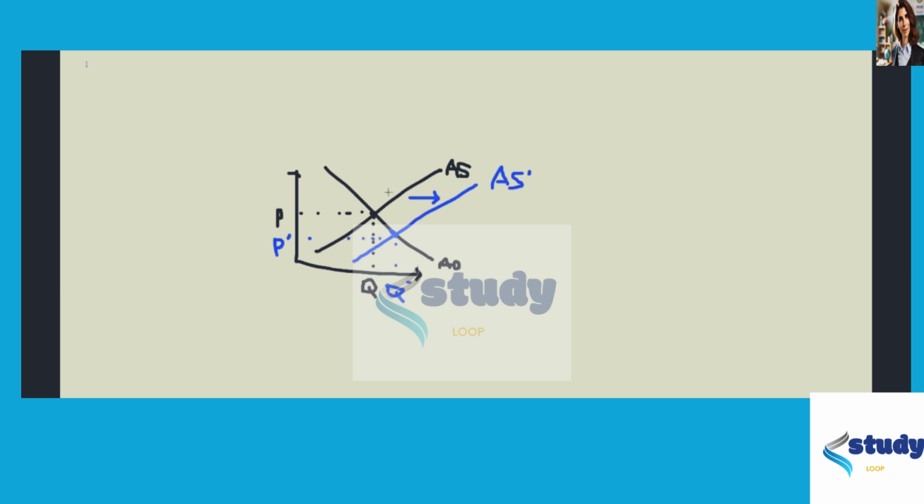The demand in the long run is going to shift to the right. So this is the AD prime. We now know that the new equilibrium is the green dot here. So the equilibrium moves from black to blue in the short run, and in the long run, the aggregate demand is also going to adjust to increase to catch up with this advancement of technology and capital. So we have this new long run equilibrium at the green dot.